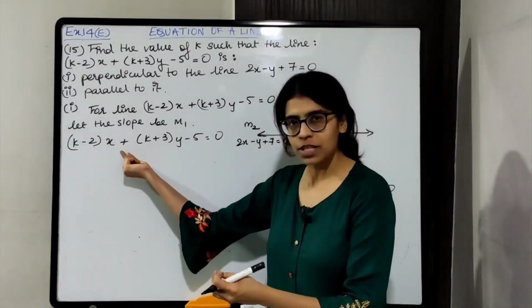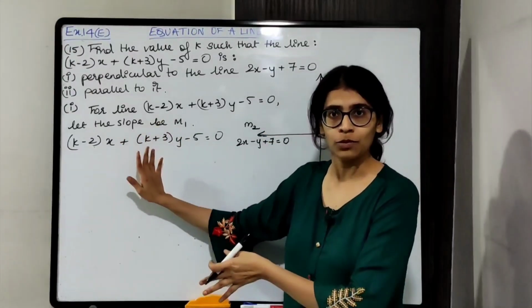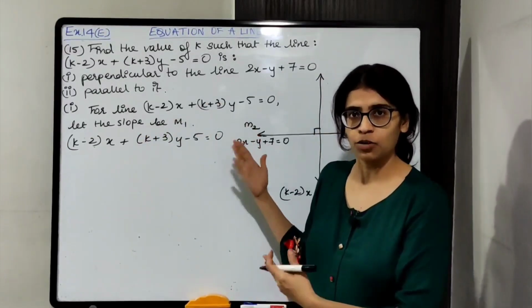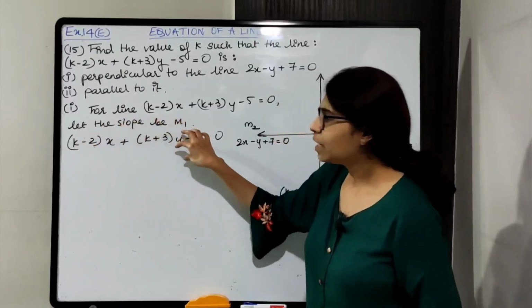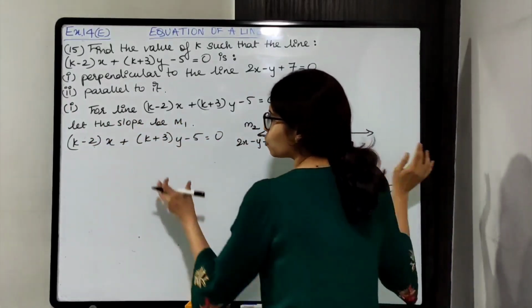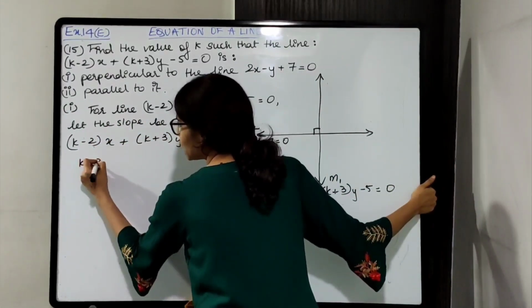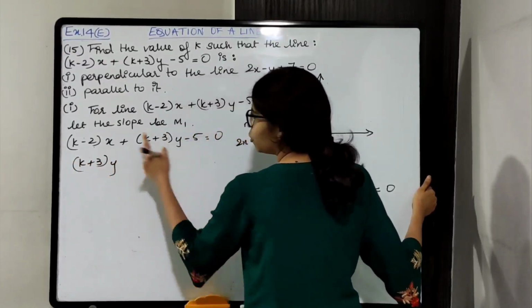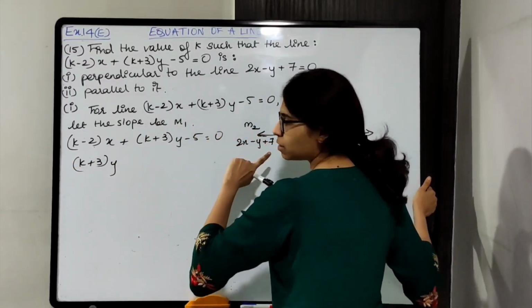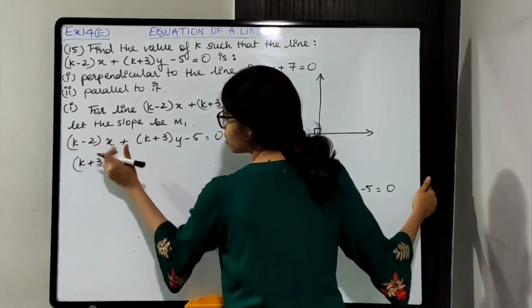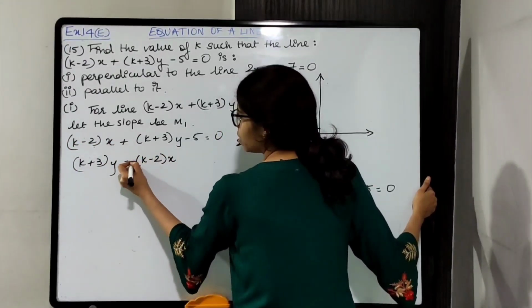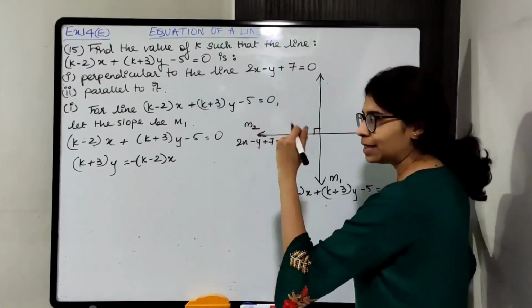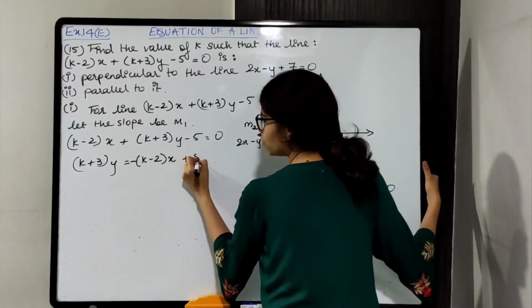Look, it is positive. If it is positive, keep it over here only. If it were negative, we would shift it to make it positive. So it is positive. Shift the remaining terms to the RHS. So (k plus 3)y as it is, and shifting the x term and the number to the other side. So first we will write the x term, because in standard form the x term comes before, and then the number 5 becomes positive.